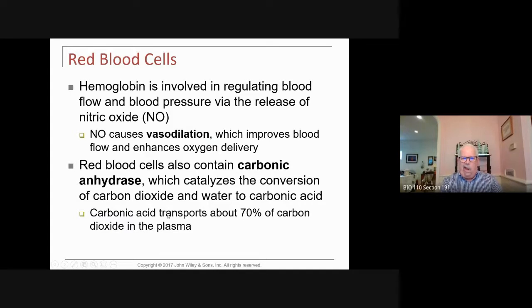Carbonic acid transports about 70% of the carbon dioxide in the plasma. You'll learn that in the respiratory lecture. Don't worry about that now. Know the enzyme, know the formula. CO2 plus H2O gives you carbonic acid, caused by the catalyzation of carbonic anhydrase. It works both ways. That's the enzyme involved in red cells.